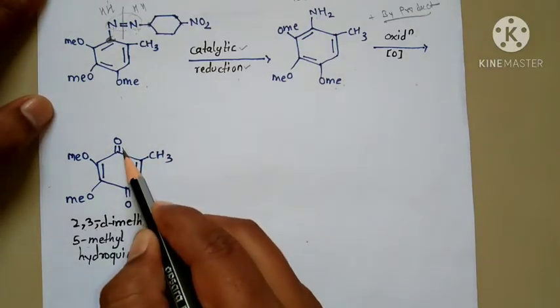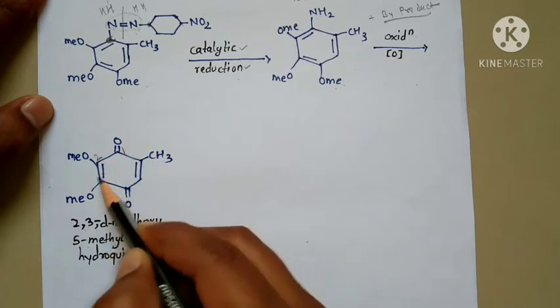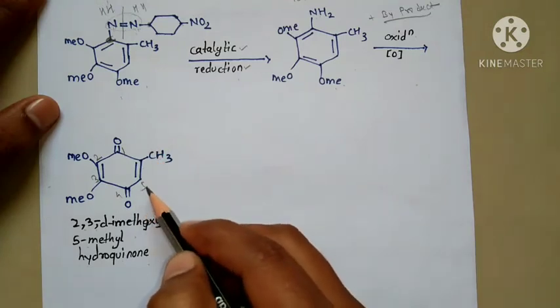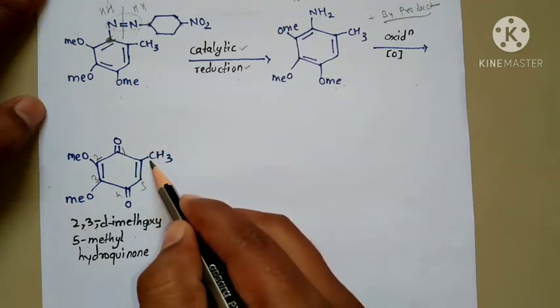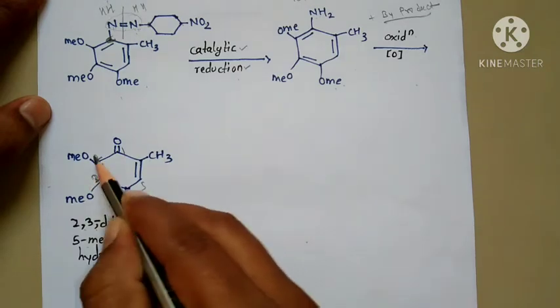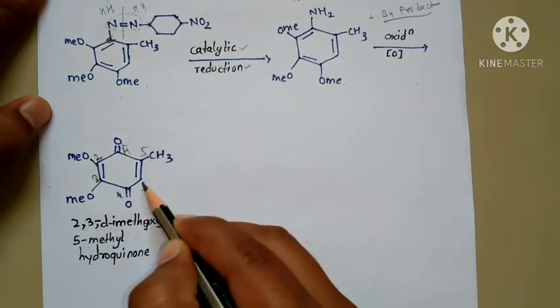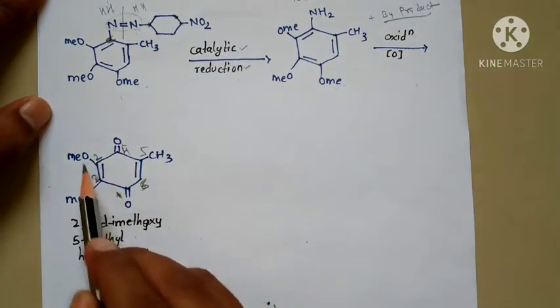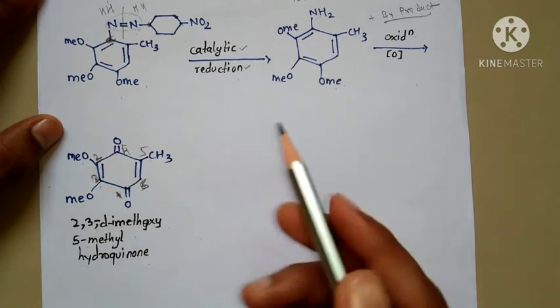This is position number 1, 2, 3, 4, 5th and 6. 2,3-dimethoxy, second and third position have a methoxy group.